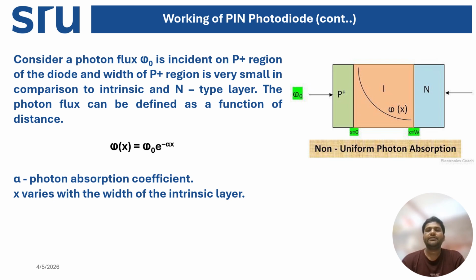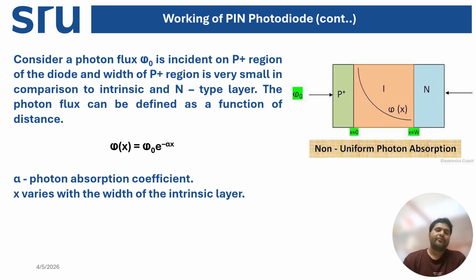This results in what we call non-uniform photon absorption. This behavior is very important because it directly affects the generation rate of electron hole pairs.